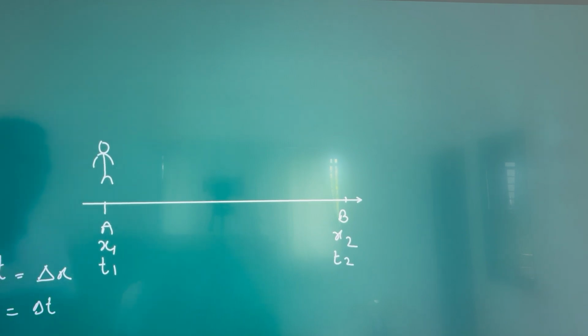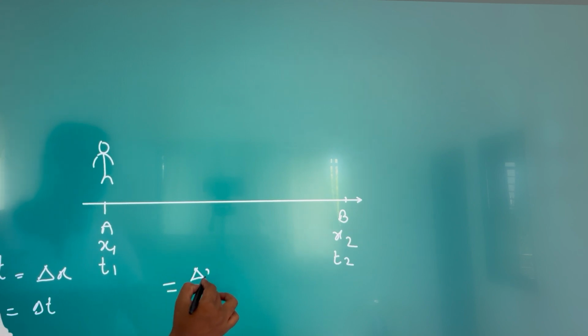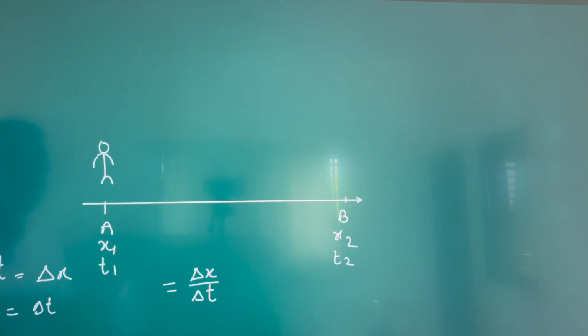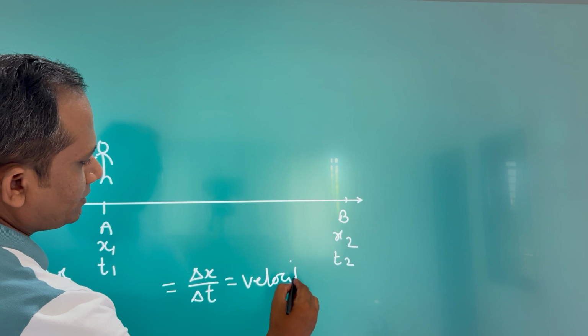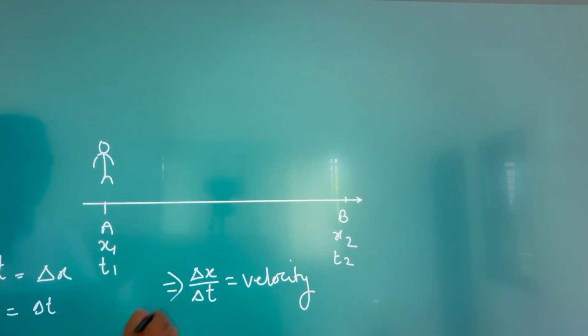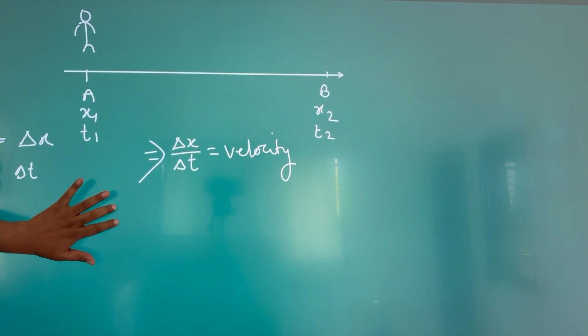If we take the ratio of delta x to delta t, then we get the speed or velocity. If we take the ratio of displacement to time, then we get the velocity. The term velocity is coming here.